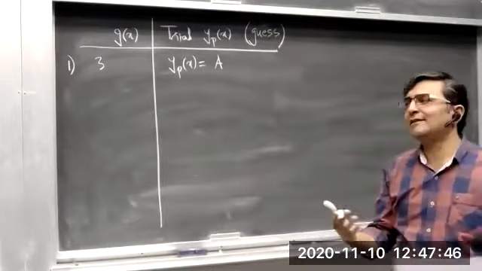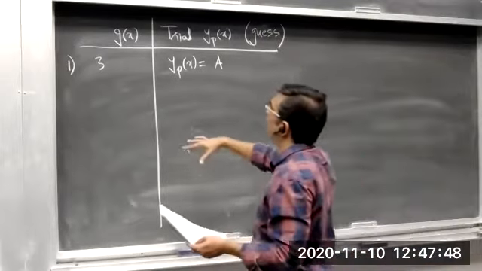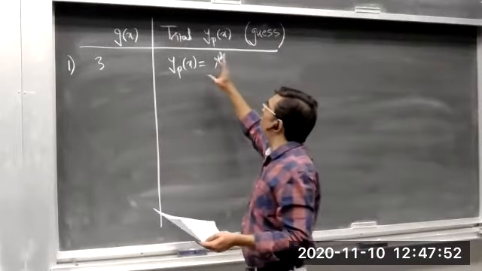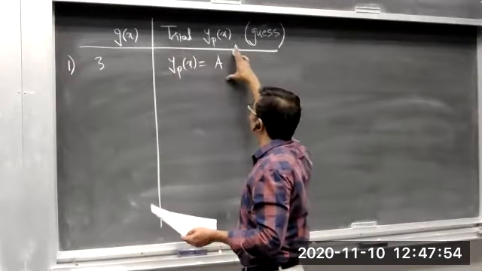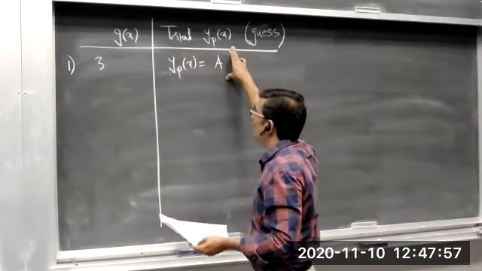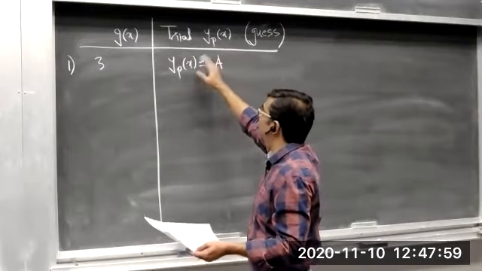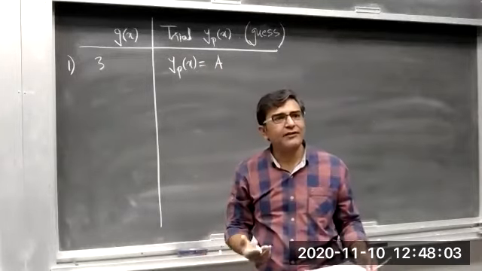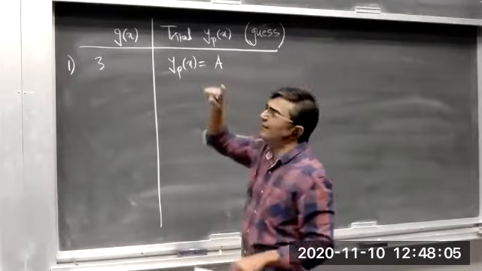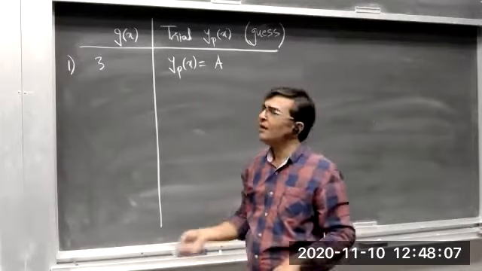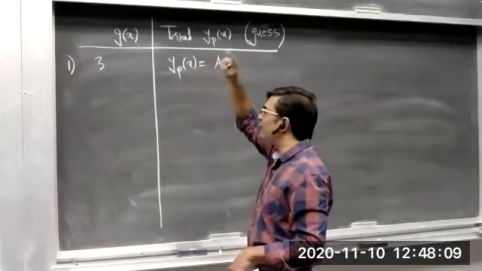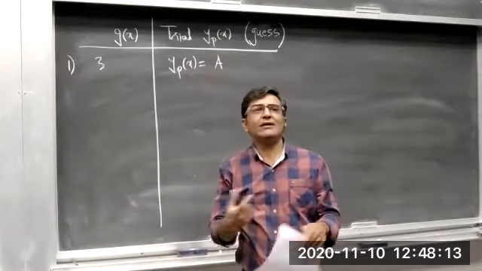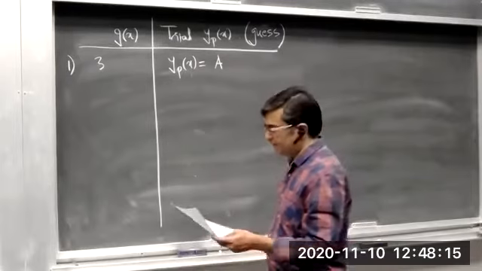An educated guess is one which contains undetermined coefficients. By assuming this as an initial guess, we assume that this is a solution of the given differential equation, and if it is a solution, it will satisfy the given differential equation. By inserting this solution into the given differential equation, we can find the value of the constant, which is basically what we call the undetermined coefficient.